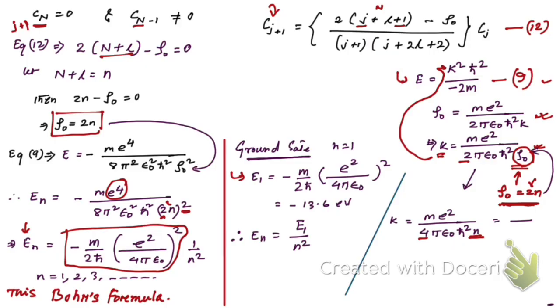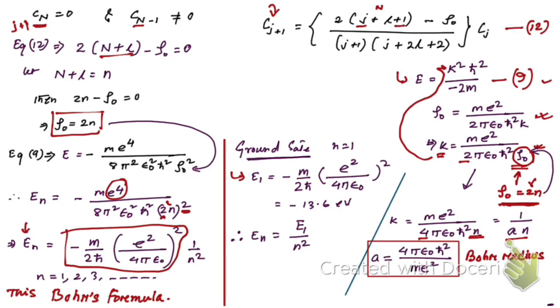Then it can be written in this way, where a is equal to, just give me a second, 1 by an, so a will be equal to this. So this is the radius, Bohr's radius. I hope you have understood this.